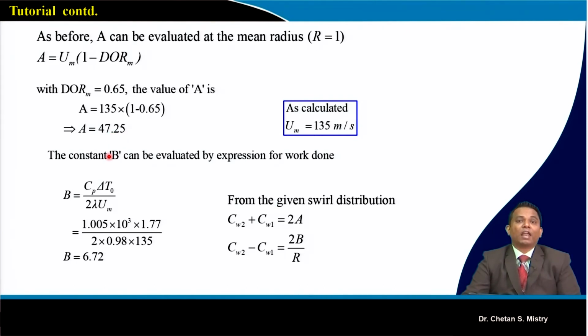In the same way we can calculate B, which is based on our energy balance. Say my thermodynamic work and aerodynamic work are both the same. Based on that, B is Cp delta T0 divided by 2 lambda into UM, which gives me B as 6.72.